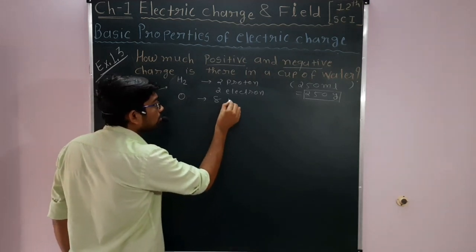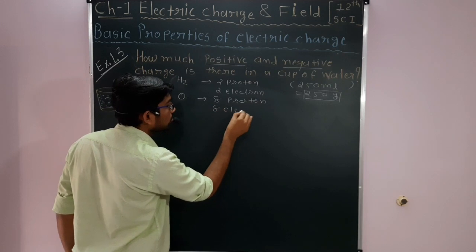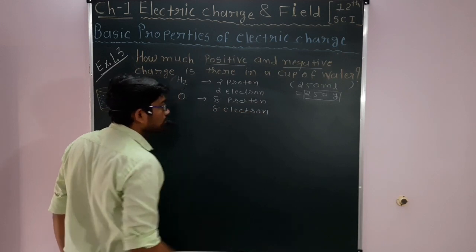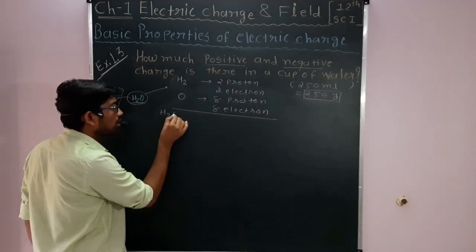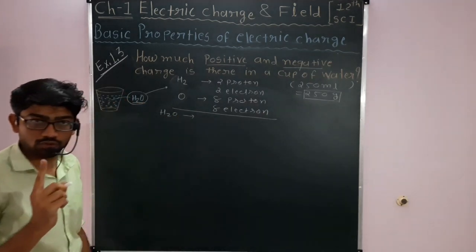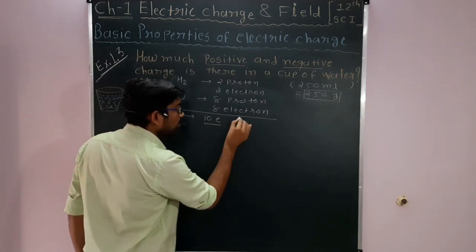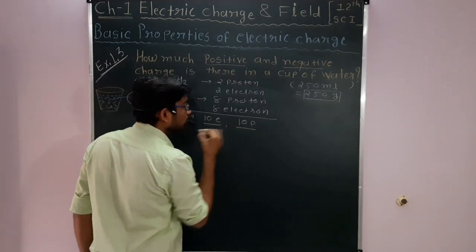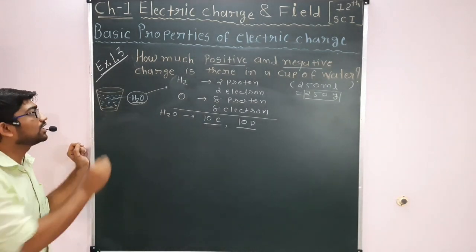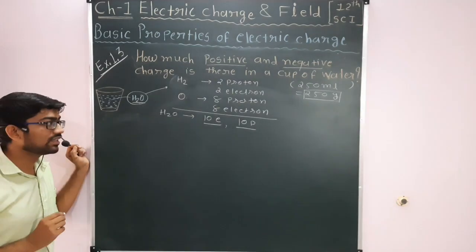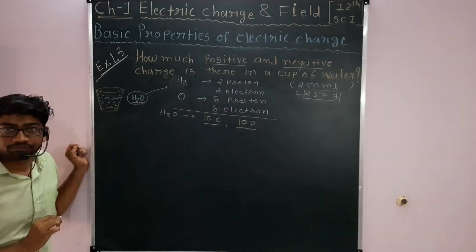So 8 protons and 8 electrons. So the total number of protons and electrons present in one H2O molecule is 10 electrons and 10 protons. If we find how many molecules are present in 1 cup of water, then we can find the total number of electrons or protons.